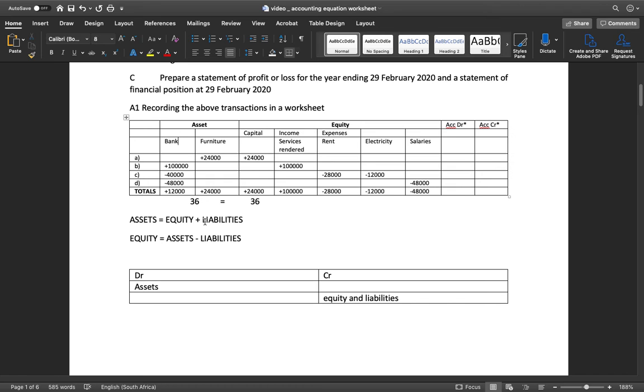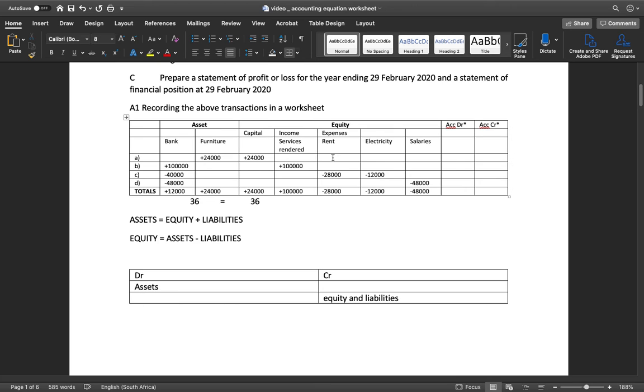So let's have a look at this first transaction. It was transferred furniture to the business, and it was a contribution from the owner. So the furniture is the asset.